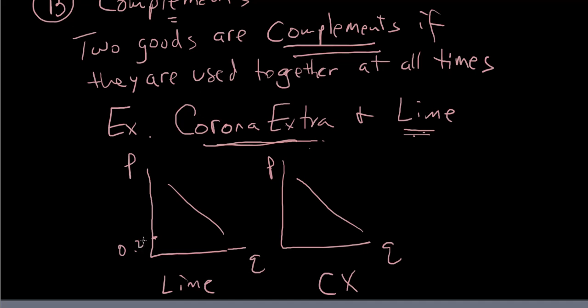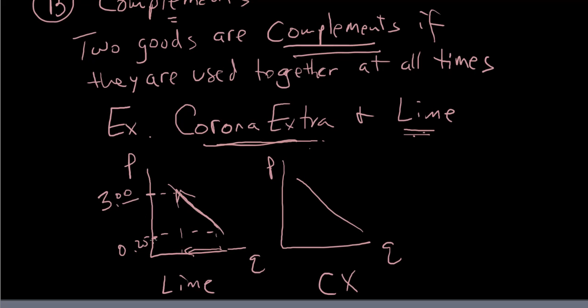Suppose that currently the lime price is 25 cents a piece, and for some reason, say a severe drought down in Florida, causes the price of lime to go up to $3, right? Then for the lime market, there's going to be a tremendous decrease in the quantity demanded, right? And that's the expected movement along the demand curve.